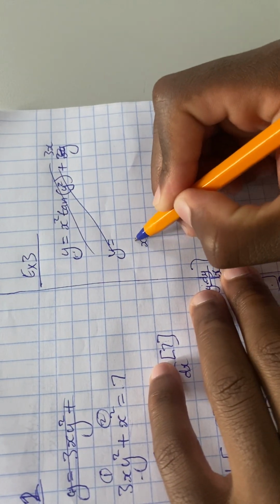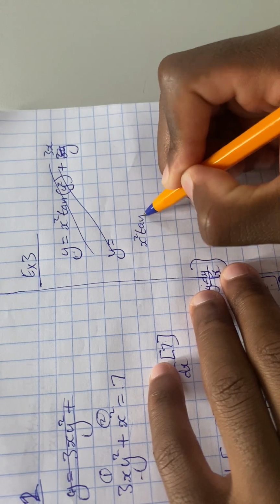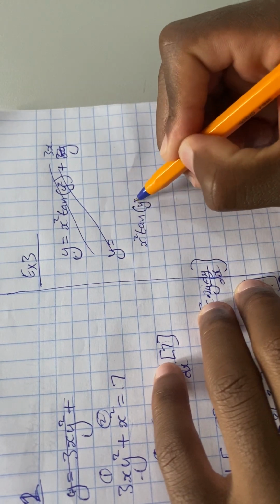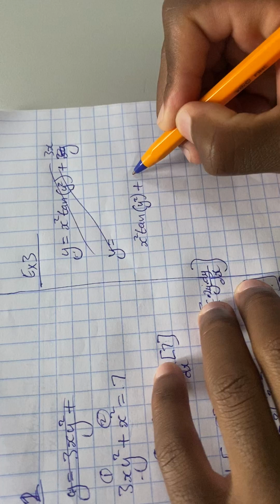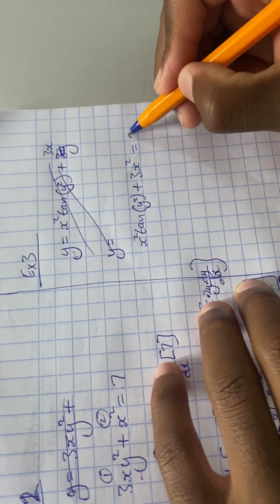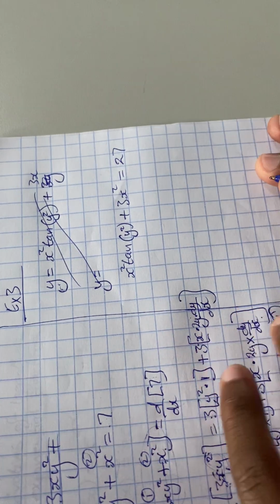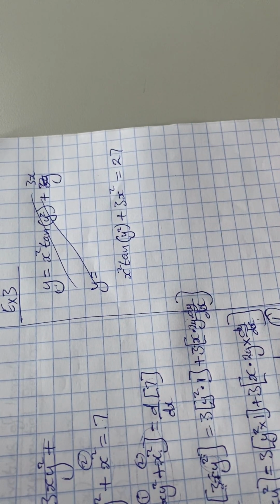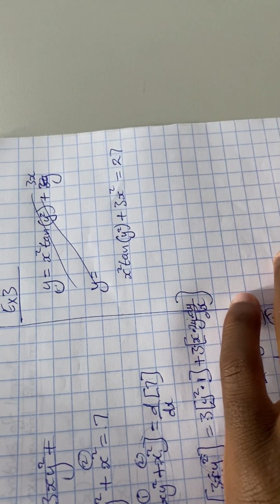So I have x squared tan y squared plus 3x squared equals 27. So this is our implicit function, right? This is our implicit function.